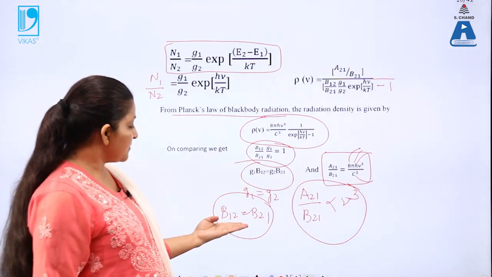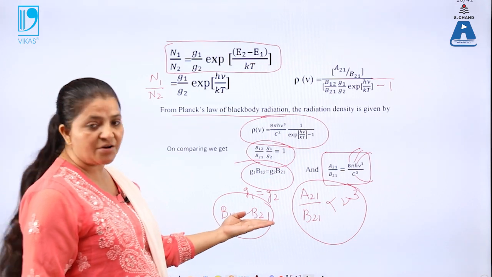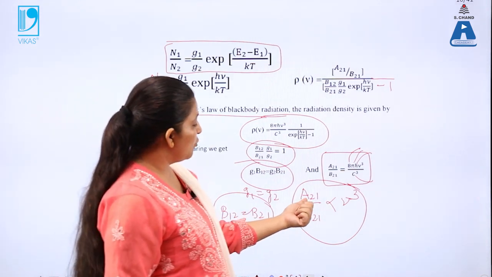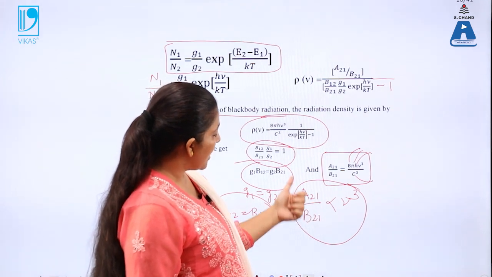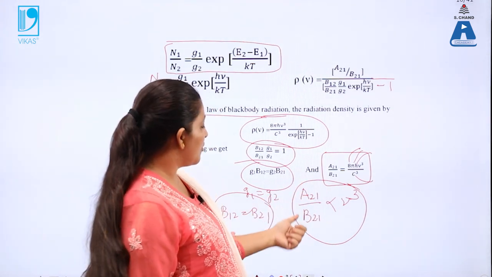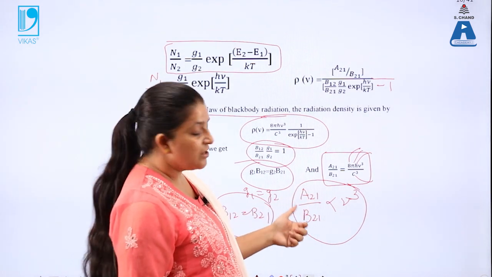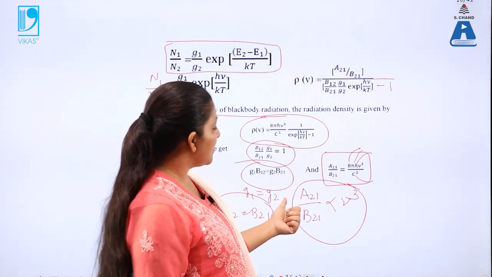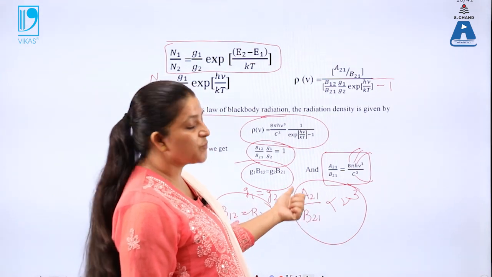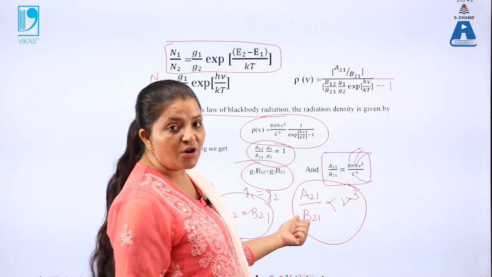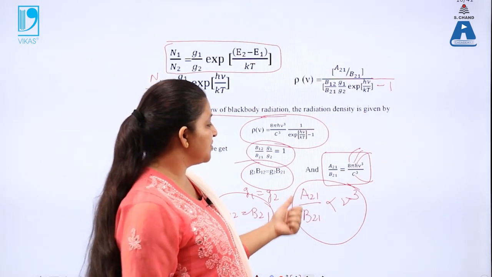Stimulated absorption and stimulated emission have coefficients equal to each other, while stimulated emission and spontaneous emission have coefficients that are not equal because their rates are different. In a laser, incoherent radiation is released in spontaneous emission and coherent radiation is released in stimulated emission, so that's why their coefficients are different.